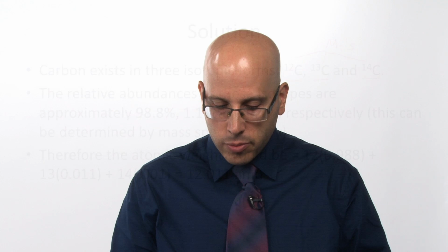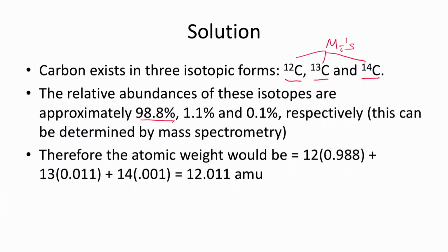The fractional abundance of carbon-12 is about 98.8%, which means that the vast majority of the carbon on Earth is carbon-12. Almost 99% of it is carbon-12. About 1.1% is carbon-13, and a mere 0.1% is carbon-14. These represent the different fractions, or f sub i's.